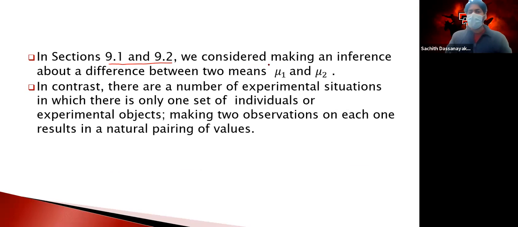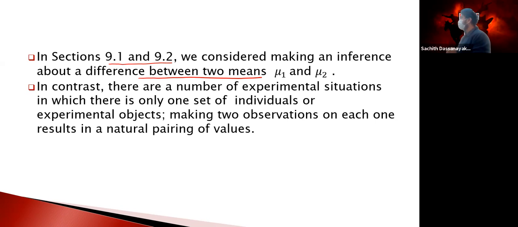So we did the inference about the difference between two means, mu1 and mu2. But in some cases, we have to consider natural pairing of values. They are like two samples, but the situation is like this.